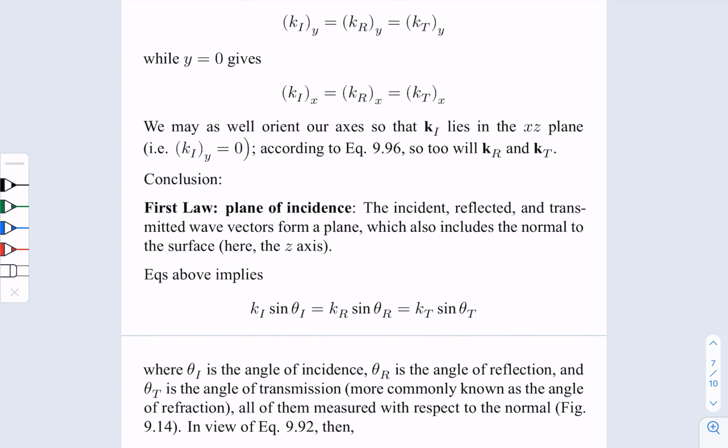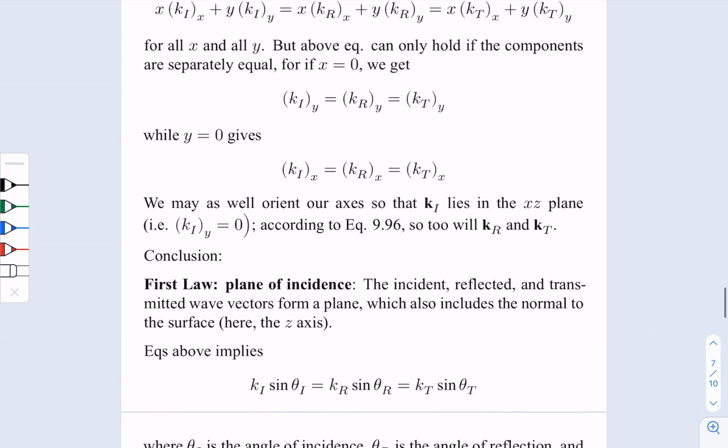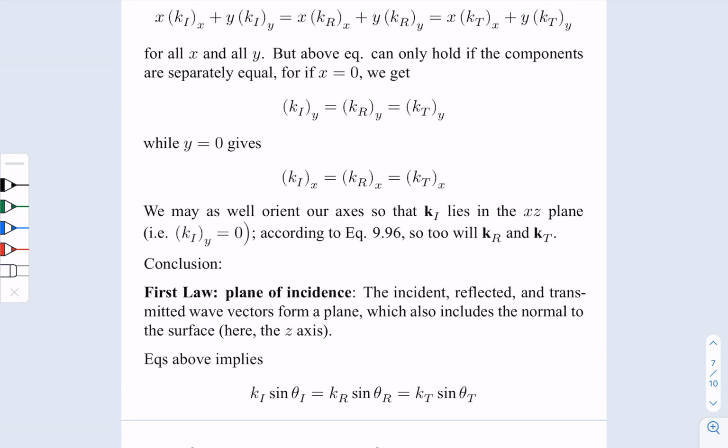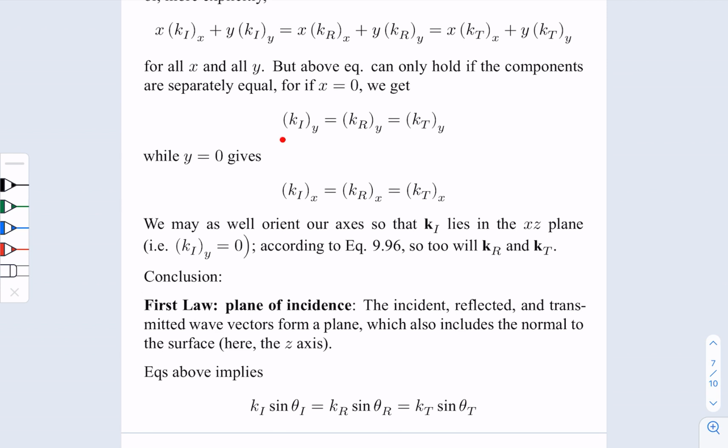The first law in classical or geometrical optics is that the incident, the reflected, and the transmitted waves form a plane. Here you can see that you have to satisfy the boundary conditions.